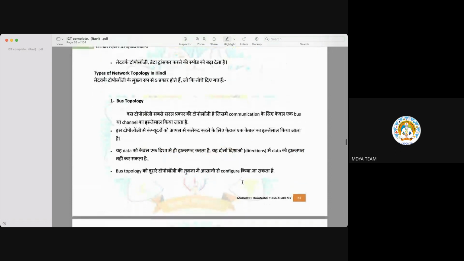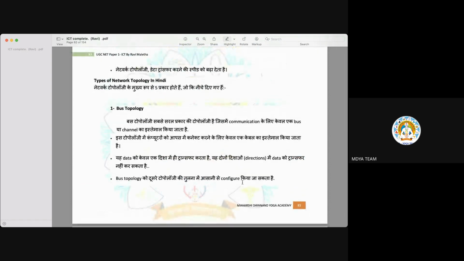So there are various types. The first one is bus topology. Bus topology means what? Like a bus. So many people are there, the bus stops at one place, and the passengers get out or come in, so that you can understand.